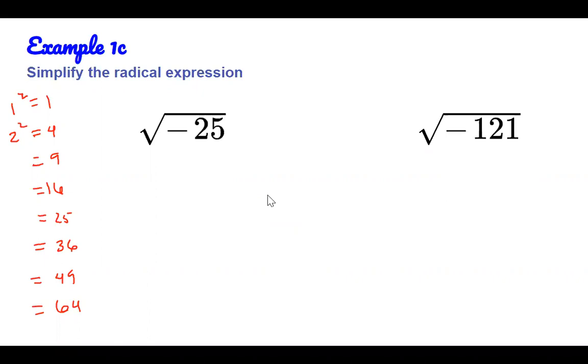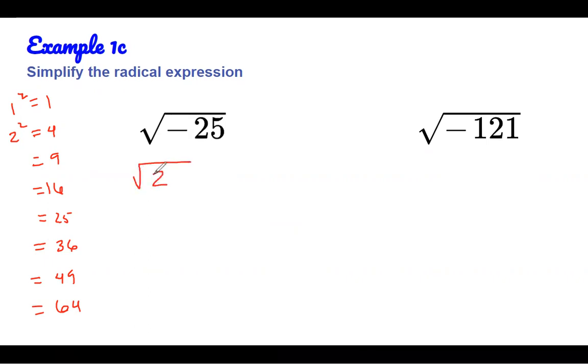Now, remember that whenever we have radicals, we can separate our factors apart. Factors means all the numbers that multiply to make that number. So I'm going to rewrite square root of negative 25 as follows. Square root of 25 times square root of negative 1.